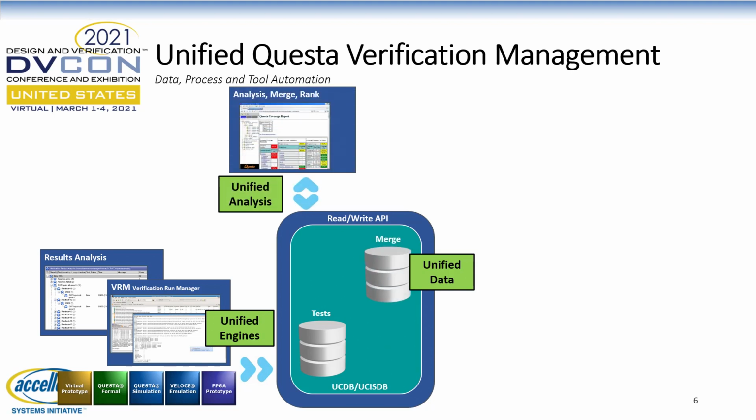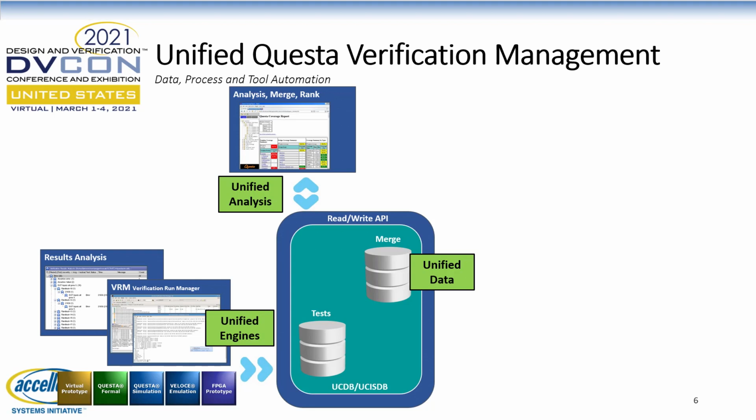But in addition to analyzing the results of a particular test, you can merge multiple tests and analyze the merged results. This lets you rank your tests according to how much they contribute to your coverage. This lets you do things like defining a check-in suite of the 100 tests that give you the highest coverage in the shortest time.